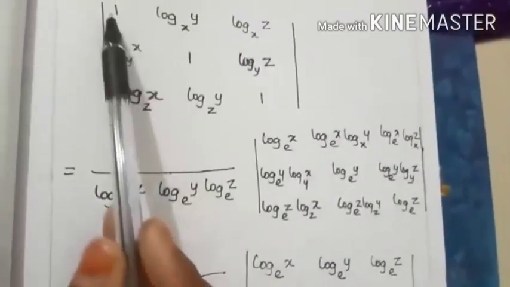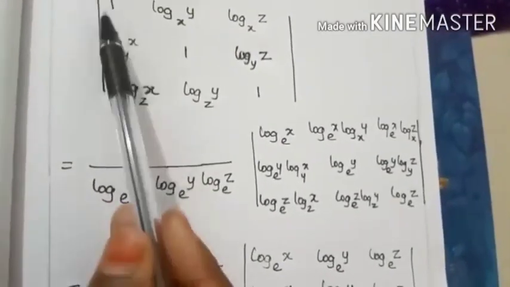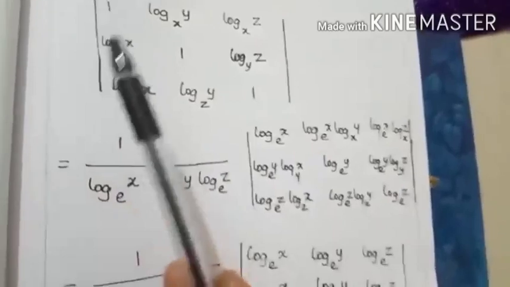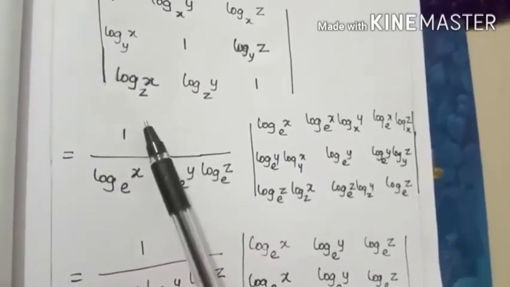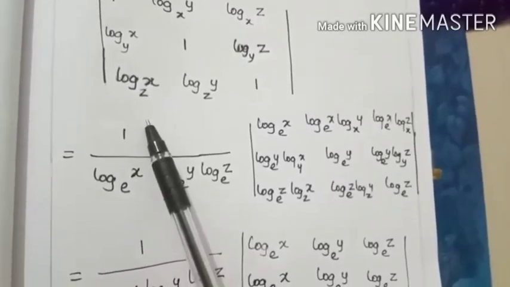So already R1 is multiplied by log_e x, R2 by log_e y, R3 by log_e z.